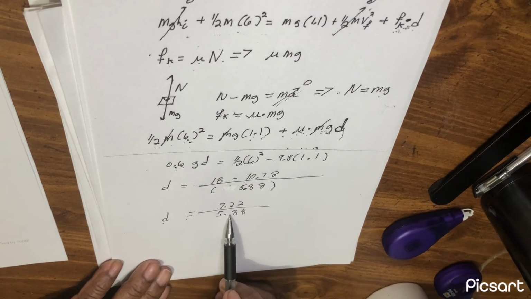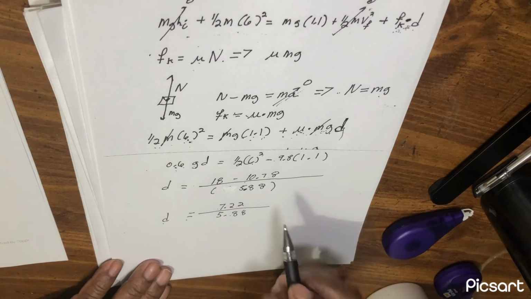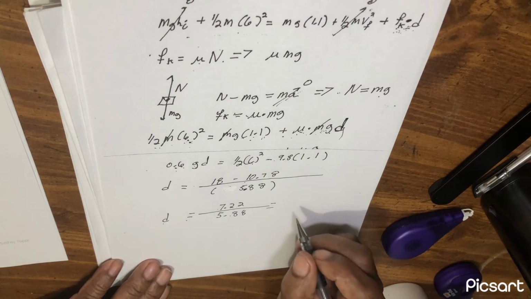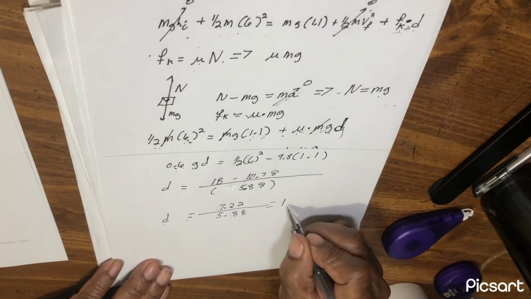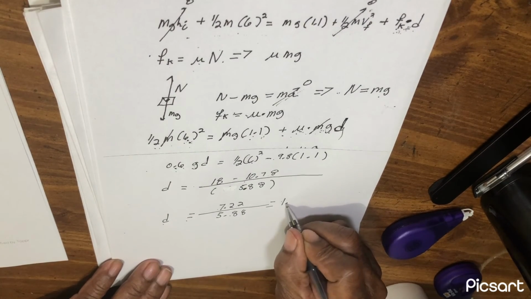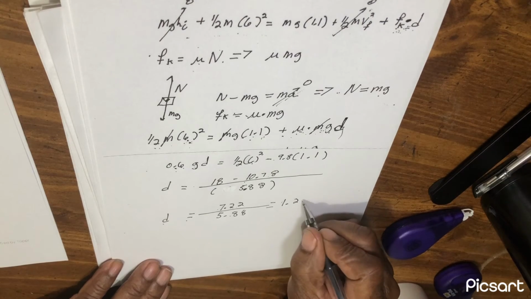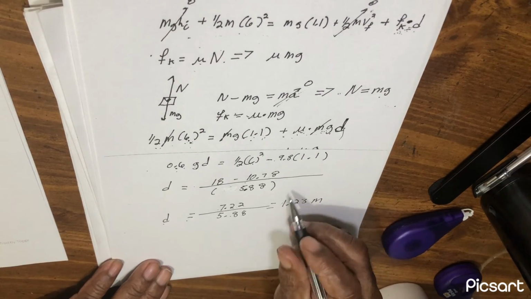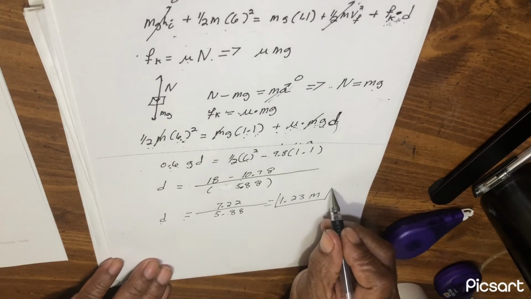And when you put that in your calculator, you get a distance of 1.23 meters. That's your stopping distance.